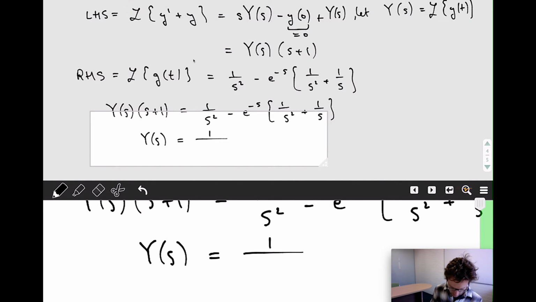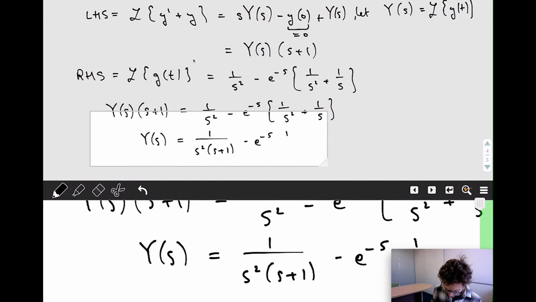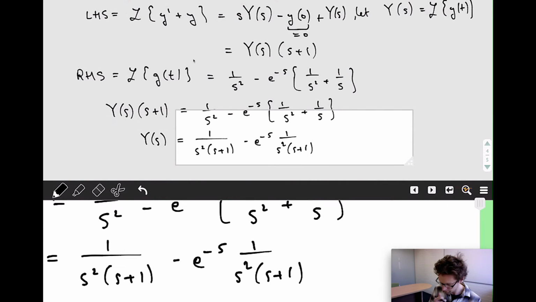Dividing by s plus 1, I'm going to have 1 over s squared times s plus 1, minus e to the minus s, 1 over s squared times s plus 1, minus e to the minus s, 1 over s plus 1.